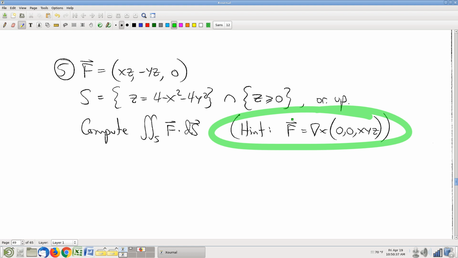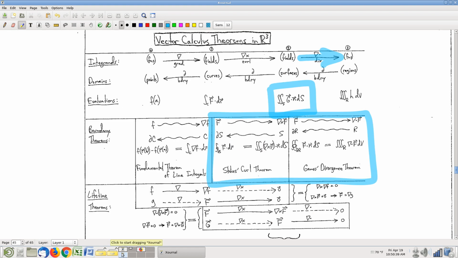Right? Back to the diagram. We are given that the vector field I'm interested in is the curl of a given vector field, and therefore the divergence must be 0. That's that little theorem down there.